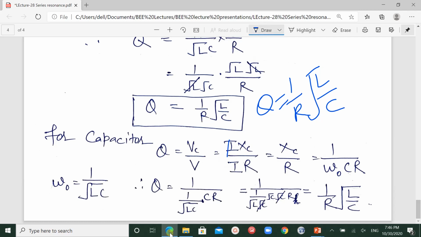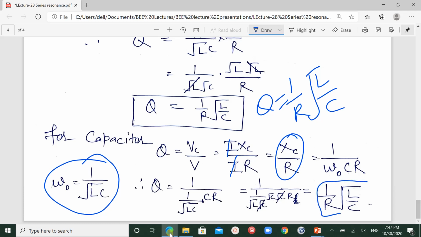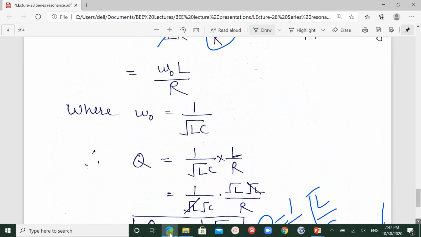I cancels, and we are left with XC upon R. We put the value of XC, that is 1 upon omega C R, and the value of omega, which is 1 upon under root LC, and finally we get the answer 1 upon R under root L upon C. So this is for the capacitance, and this is for the inductance, and we talked about the quality factor.